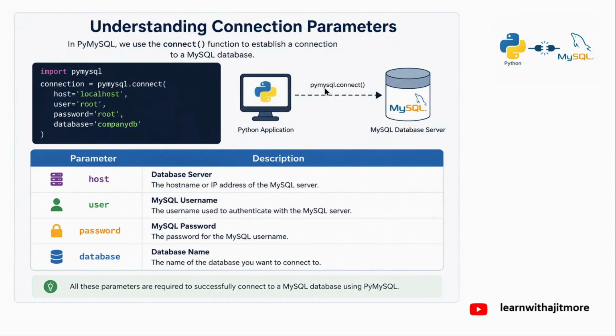This PyMySQL library has one function in it called connect. To that, you have to pass some standard connection information. And if the connection is successful, you'll get one connection object. That connection object you have to preserve for all the next things. Means using the connection object, you have to get a cursor object.